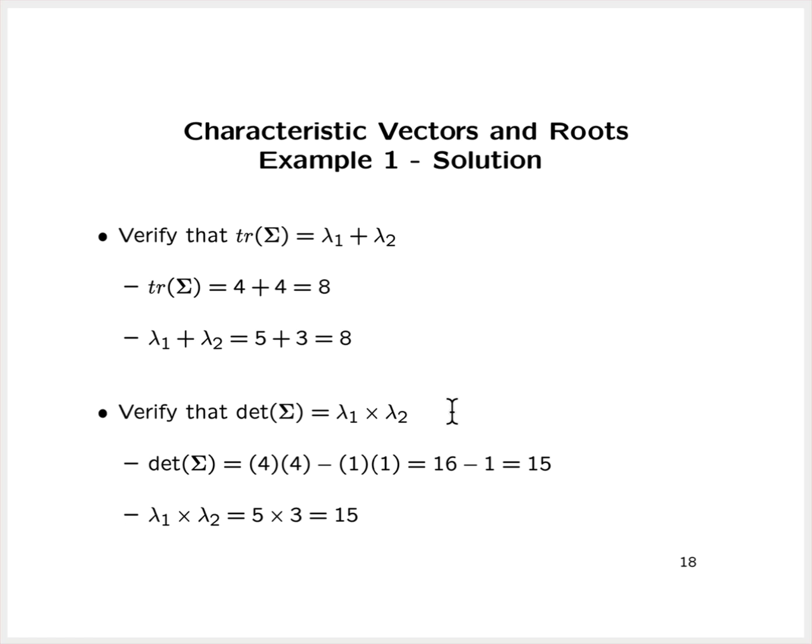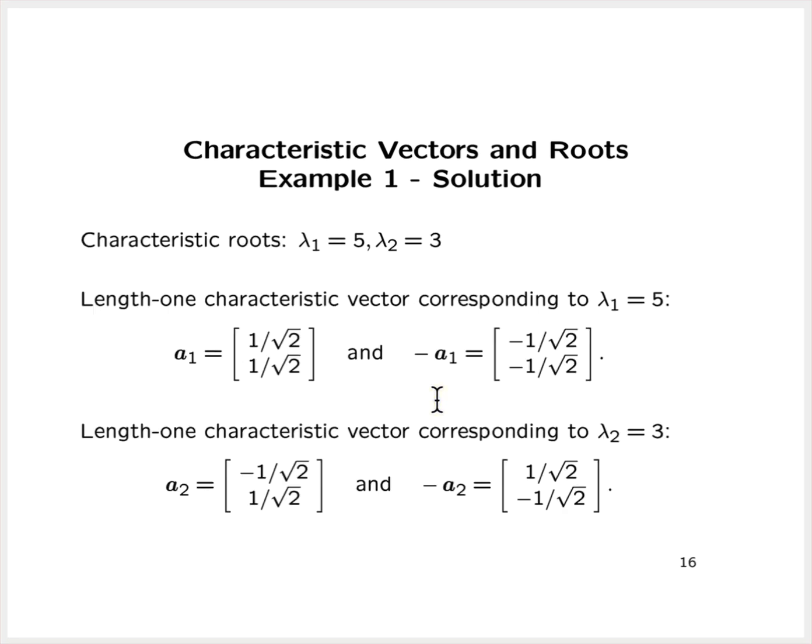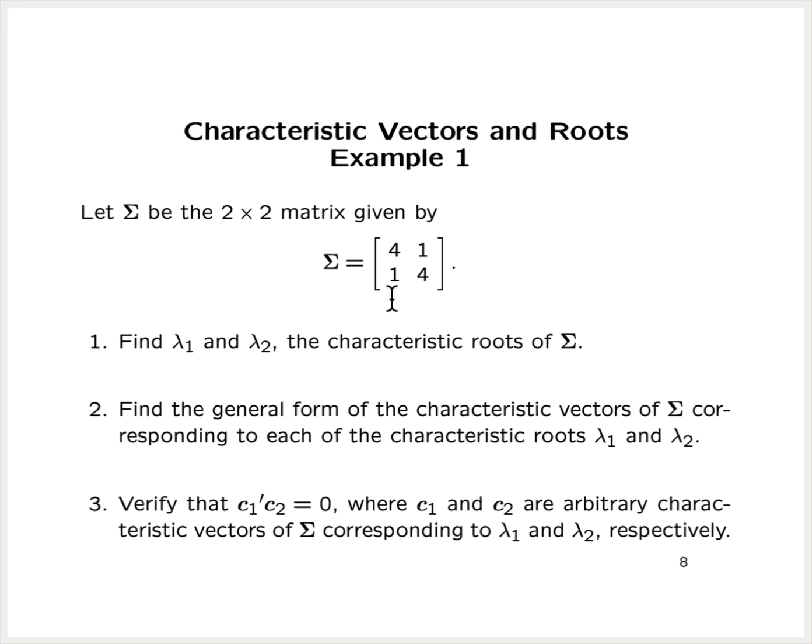Next, we want to verify that the determinant of capital Sigma is equal to the product of the characteristic roots. Now, let me go back again to the matrix. For a 2 by 2 matrix, calculating the determinant is very easy, actually. What we do is we take the product of the diagonal entries and then subtract from that the product of the off-diagonal entries. So 4 times 4 minus 1 times 1. So 16 minus 1 is 15.